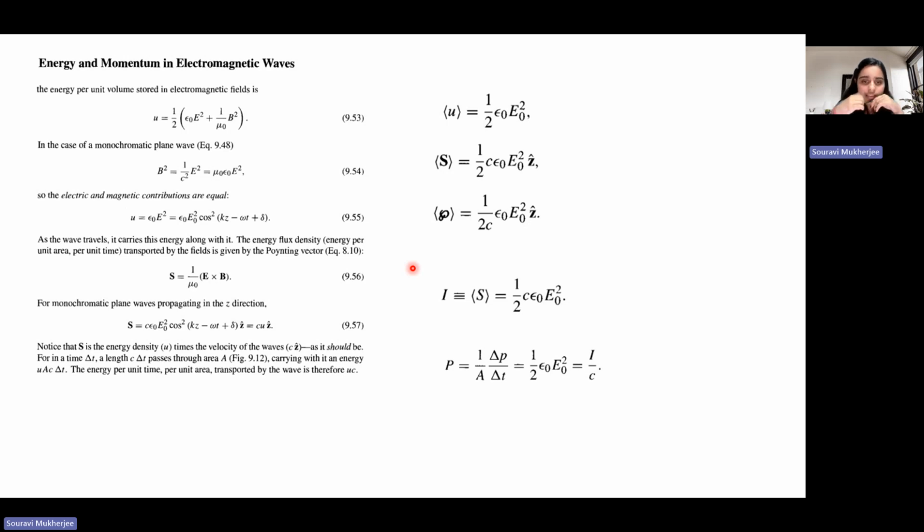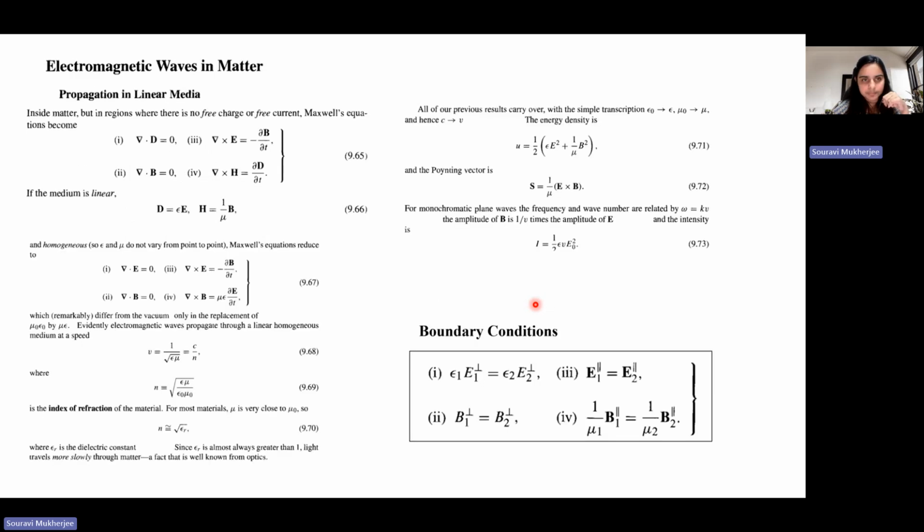You can also talk about the intensity of light, which is nothing but the average of the magnitude of the Poynting vector. Okay, energy flux density. So if you know the magnitude of your electric field, you know that the intensity is proportional to the square of the electric field amplitude, and it also depends on the medium properties.